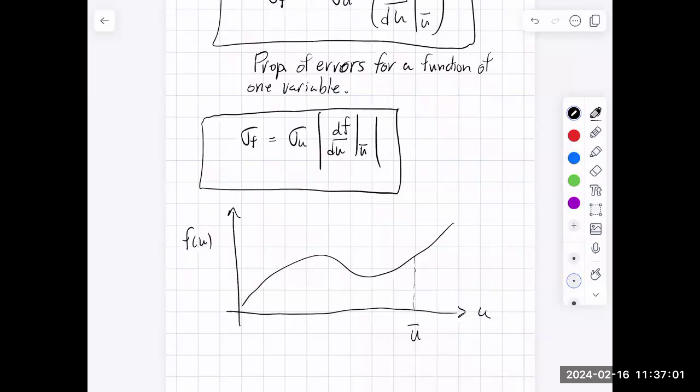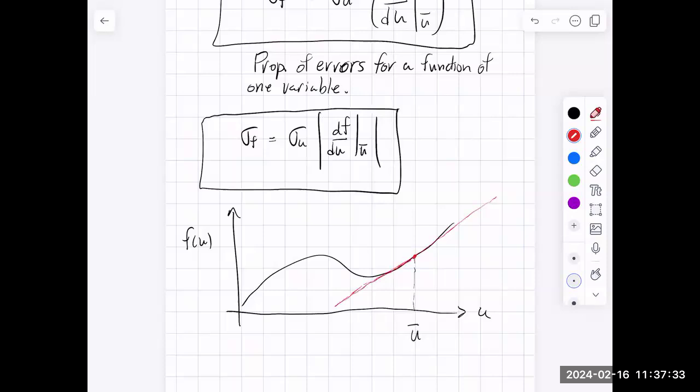What does df du represent? The slope of what? Of what line? Yeah, it's a tangent line at wherever you're going to evaluate your function. So that's exactly right. If we're evaluating our function here, I'm going to draw a tangent line, like so.